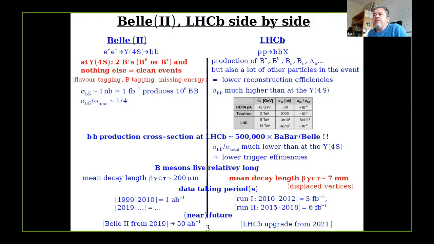We talk about inverse attobarn, whereas at the LHC, for now at least, we talk in terms of inverse femtobarn. So you gain back a few orders of magnitude.